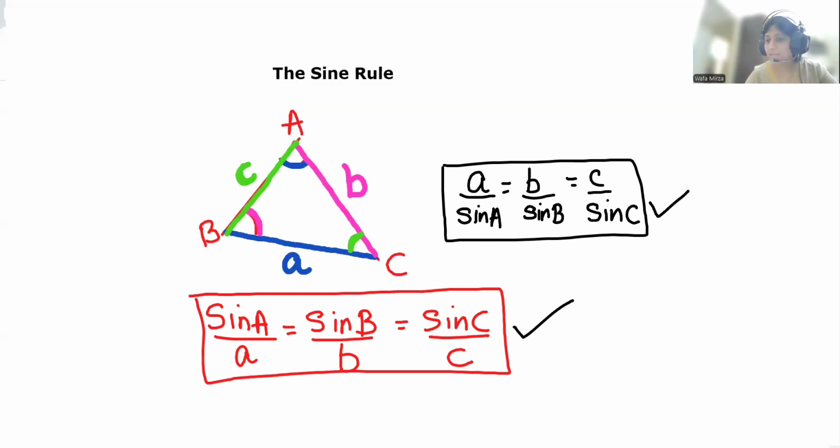Now we will see some examples where we can apply sine rule.